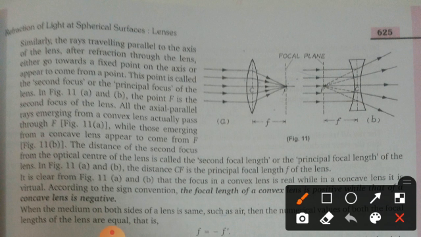Here you can see this is the distance C to F, whether in the convex lens or in the concave lens. So the distance of the optical center to the second focus is called the second focal length of the lens, or the principal focal length of the lens, as I showed you.